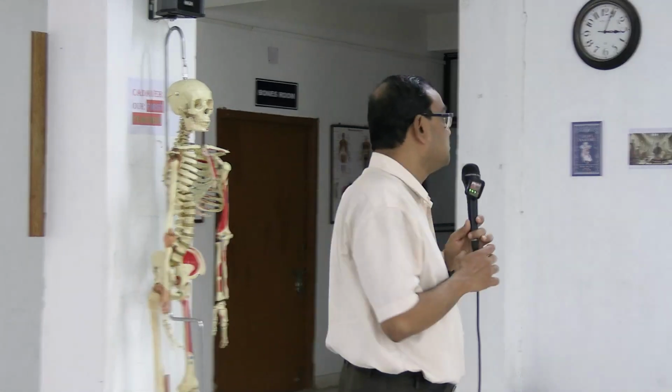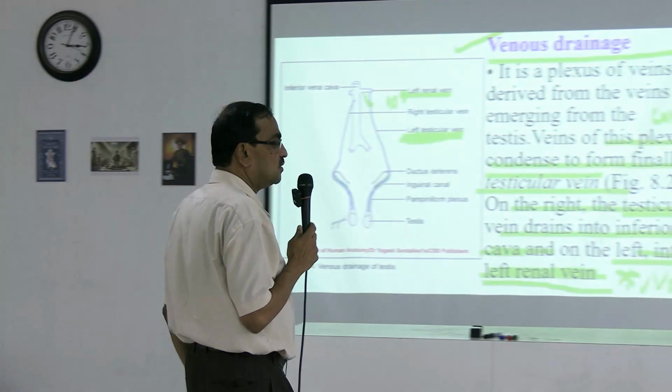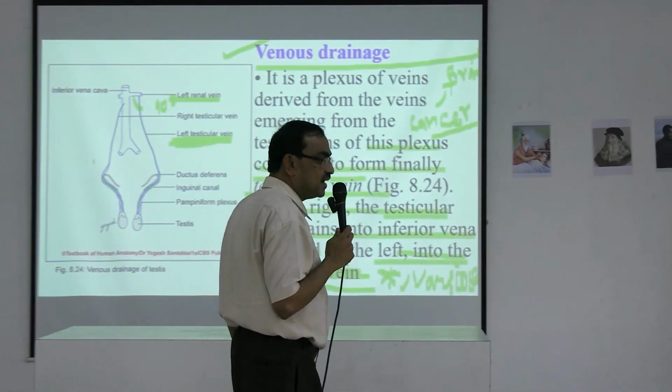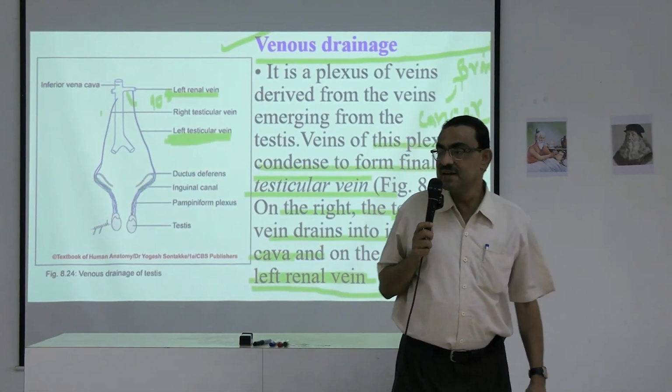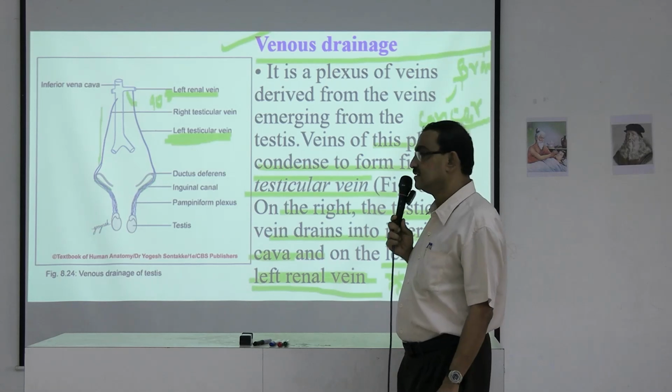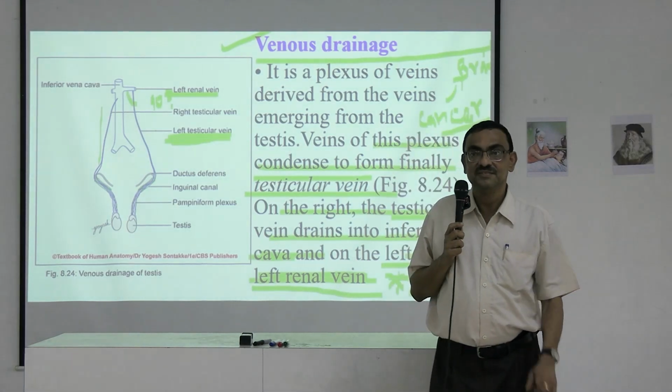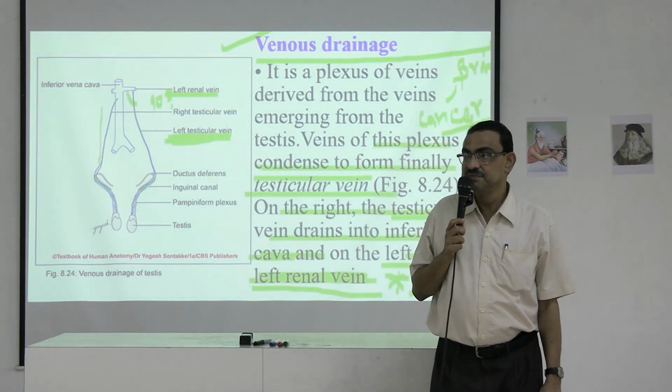This is called varicosity. And varicose vein is very much common on the left side. Why? The left testicular vein is longer than the right testicular vein. It drains at right angle, against the gravity.